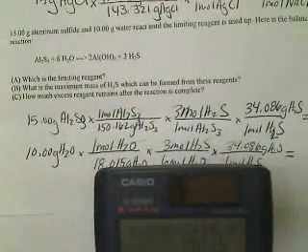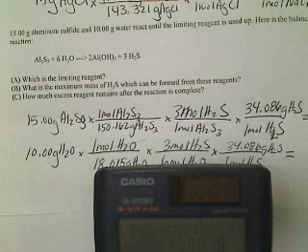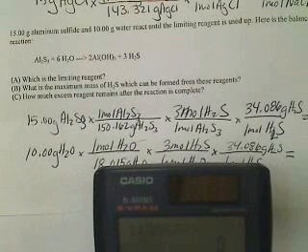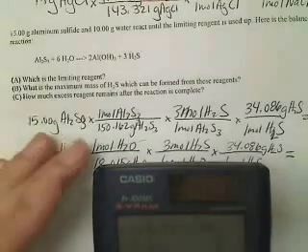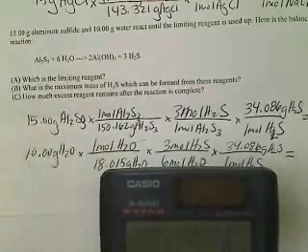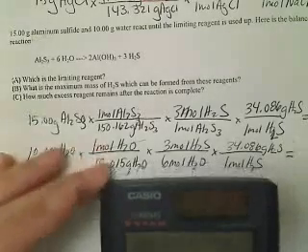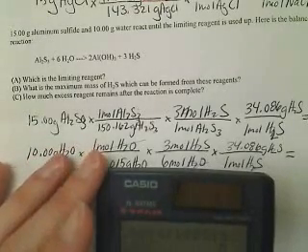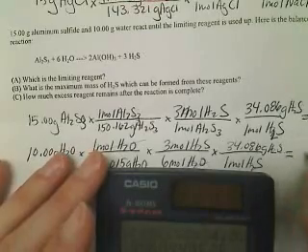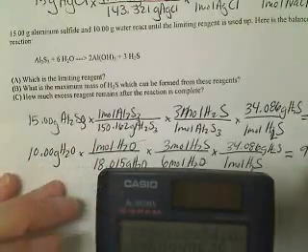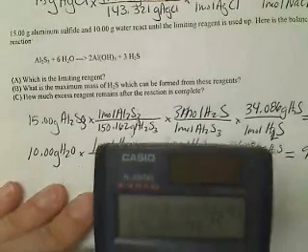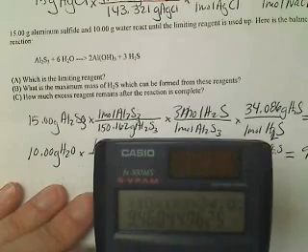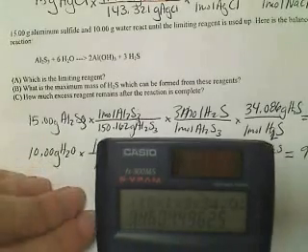So we're going to say, open parentheses, 10 times 1 times 3 times 34.086, close parentheses, divided by, open parentheses, 18.015 times 6 times 1, close parentheses, and we get 9.460 grams of H2S.